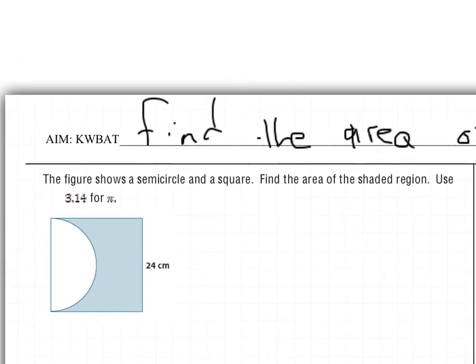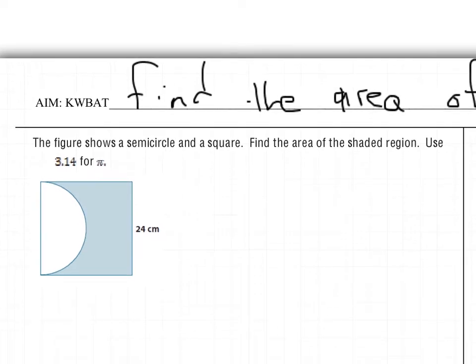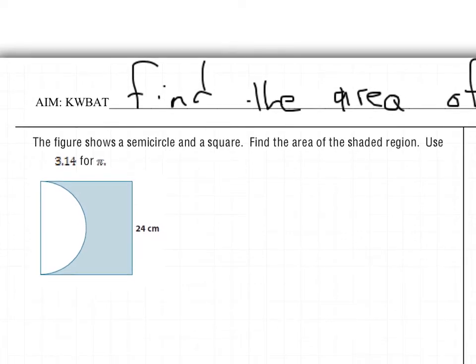So if we're looking at a high quality response, the start of your logic and your understanding in this particular problem is writing an equation that represents kind of the story of this problem. So the story of this problem is that our area is going to be equal to, we started with the area of an entire square. So I'm going to say the area of a square, and we subtracted away the area of this missing piece, which is a semicircle.